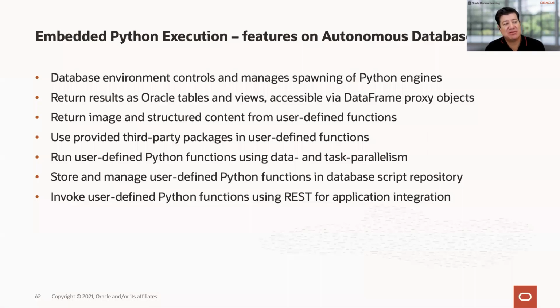Embedded Python execution allows you to control and spawn different sessions of Python that the database can control. You have database proxy objects. It's the same Python that we're running, but it's now controlled by the database that is running that session for you. So you can return images, tables, and data from those sessions in a very flexible way.